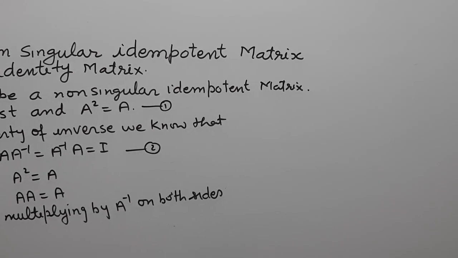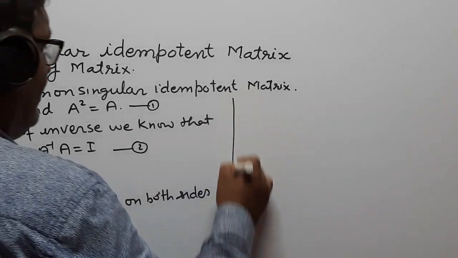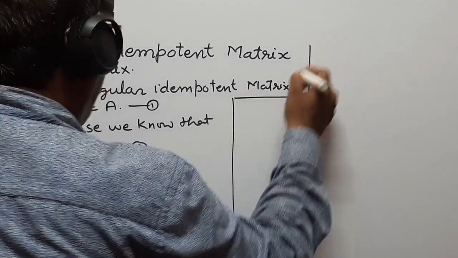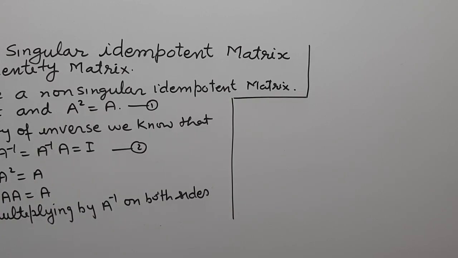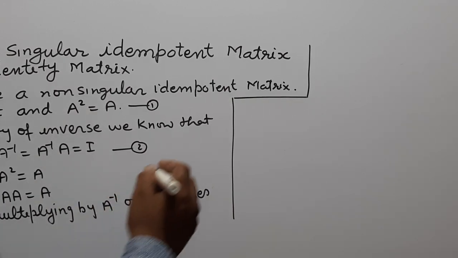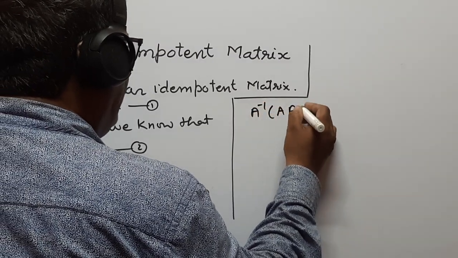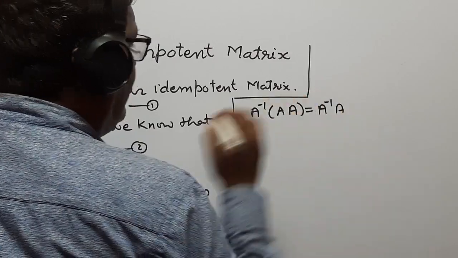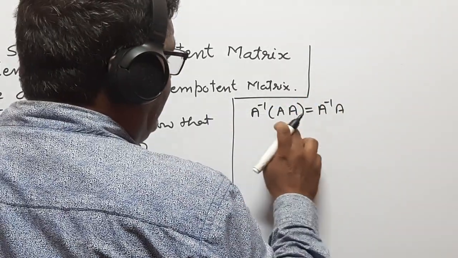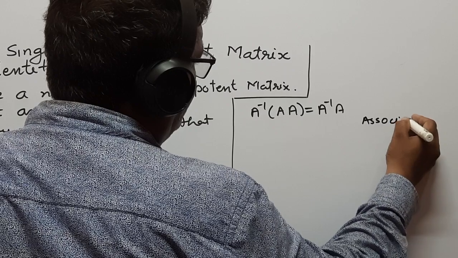So A square can be written as A multiplied by A. So we multiply both sides by A inverse. So this can be written as A inverse A A is equal to A inverse A. Now in the left hand side we use the associative property.